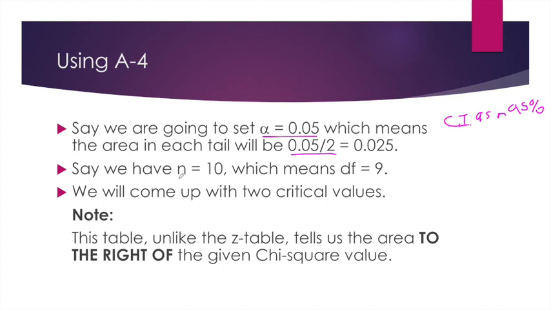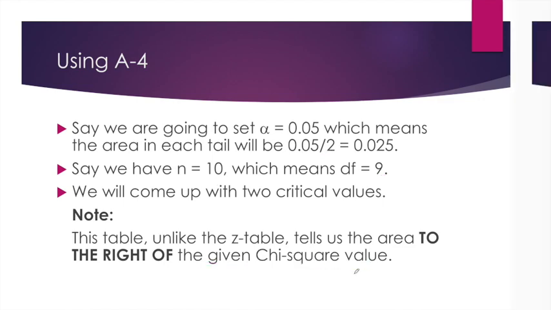Say we have a sample size of 10, so our degrees of freedom is 9, and we have to come up with two critical values. Okay? This table's unlike a z-table, which told us the area to the left. This tells us the area to the right of a given chi-square value. So now we're finding the area to the right.